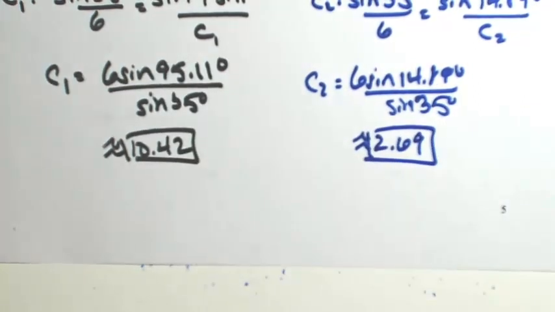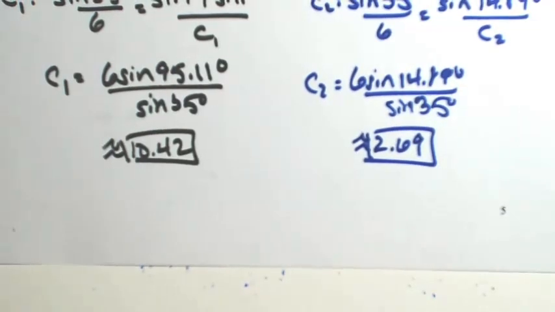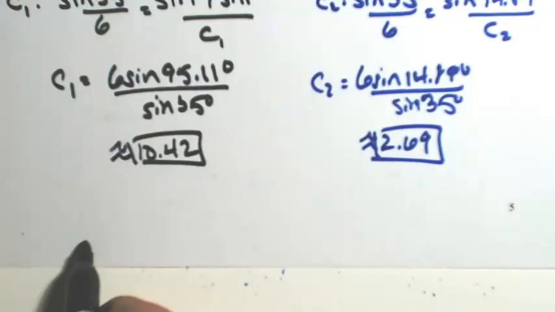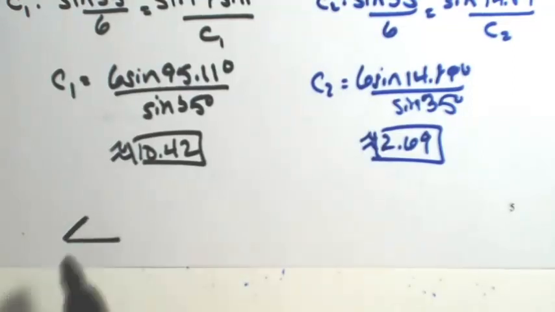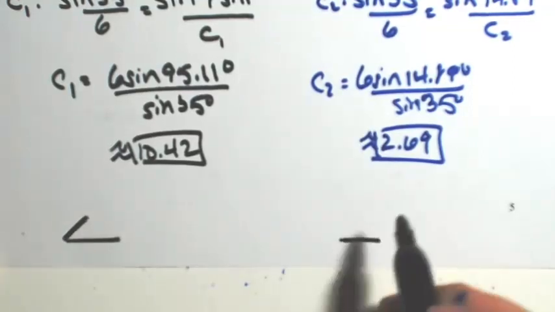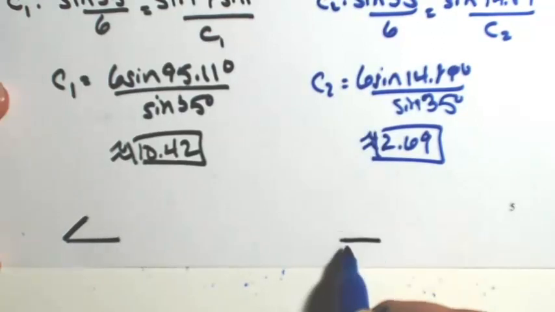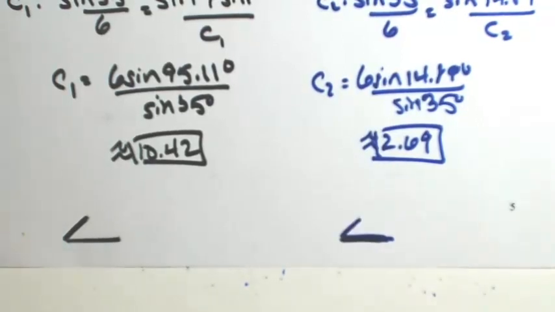Okay, let me show you why there's two possibilities. So with the given information that A is 35 degrees, they would both start out like that. So A is about 35 degrees. So then with B1, at the top we would have about 49.89 degrees.